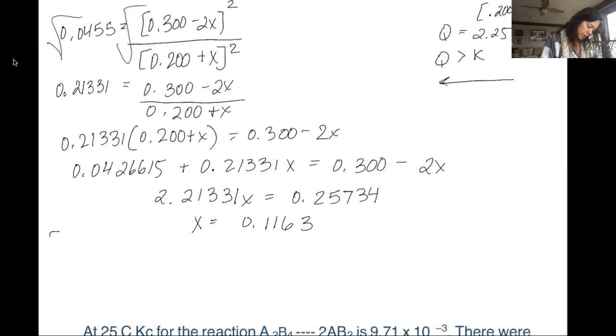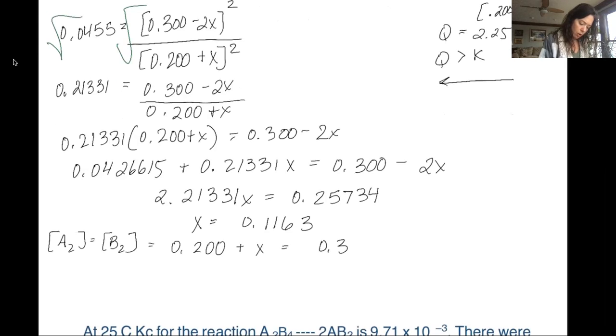So the concentration of A2 is equal to the concentration of B2, which is equal to 0.200 plus X, which is 0.31163, and that is a molarity. If we multiply it by our volume, we will have our moles, and we see that that is 3.12.